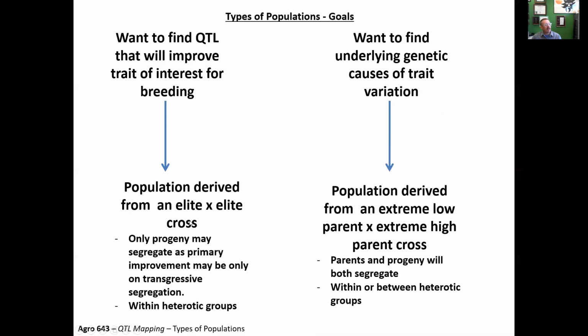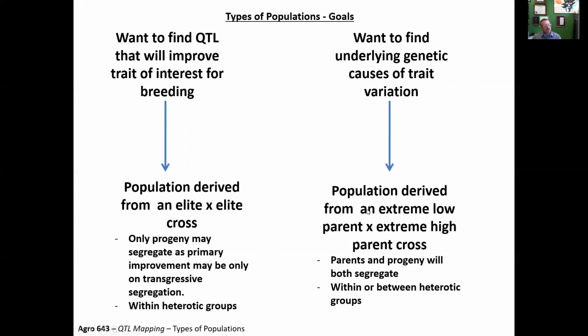Now, what most people actually do, in terms of what the published literature shows, is try to find the cause of trait variation. To do that, you want to maximize this difference, so you would choose an extreme low parent by an extreme high parent. Oftentimes, these types of crosses are not done in breeding material.